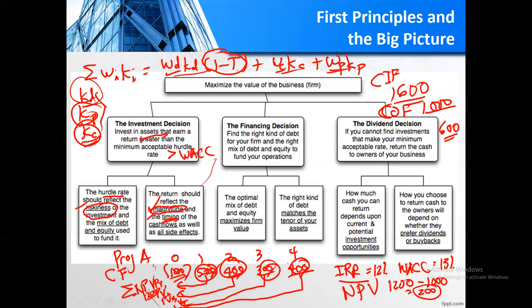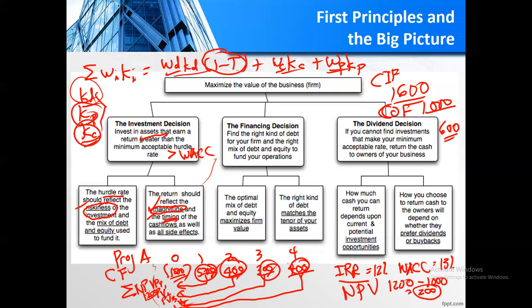So we can now add them, the 1,000 outflow and all the inflows, which summed up to be 1,200. And the sum that we're going to generate is 200, and it's called your net present value. So the decision rule is that if the net present value is greater than 0, if it's positive, then the project is okay.